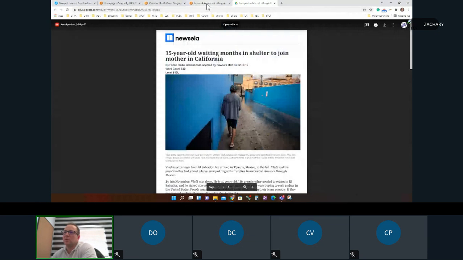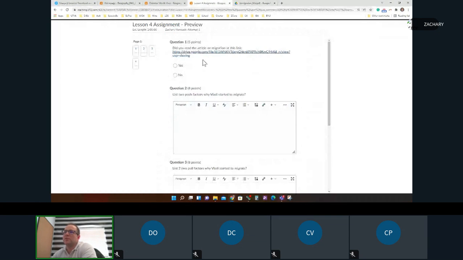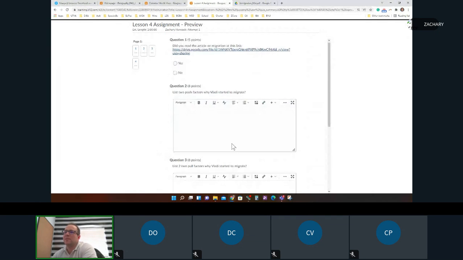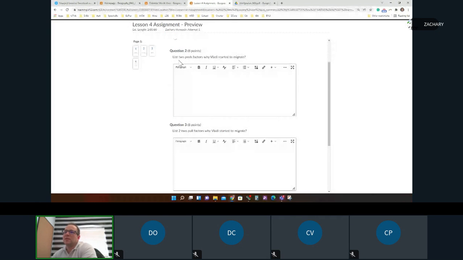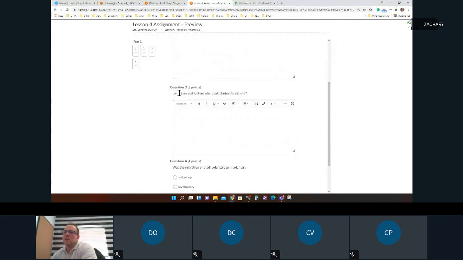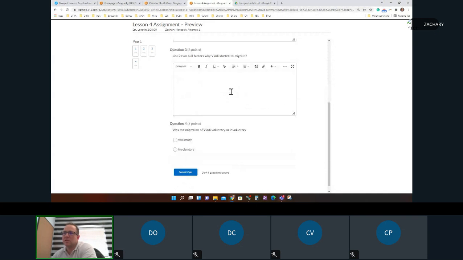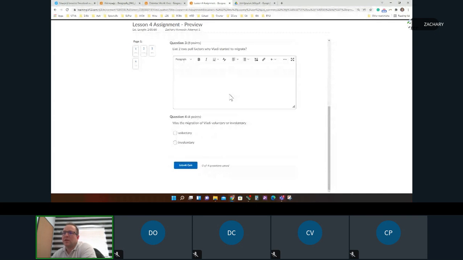After you read the article, you get points for just reading it, so you put yes that you read it. Then you need to list 2 potential push factors of why Vladi started to migrate. You're going to have to do 2 pull factors of why he started to migrate. And then was this a voluntary or involuntary migration? And then you can submit the quiz.